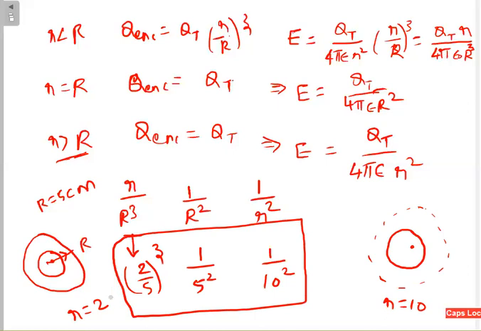Okay, so now I am going to draw this with the help of a diagram. How the field is actually going to vary in case of this solid conductor. This is the solid conductor.